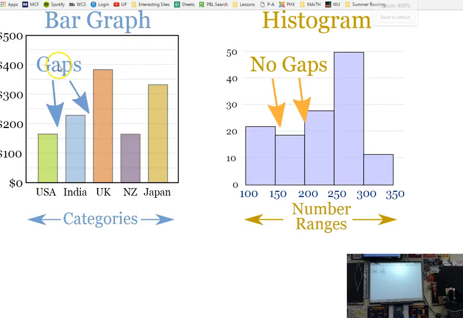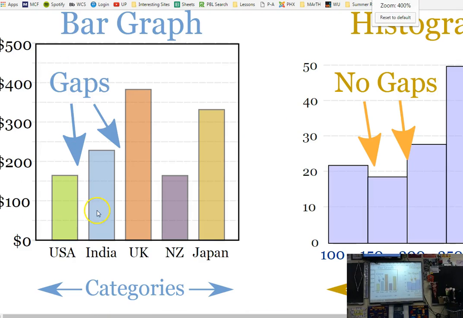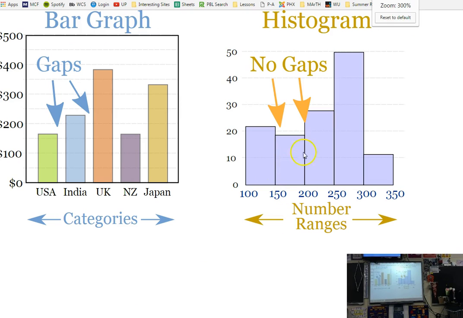The bars in a bar graph can have gaps because they're representing totally different things. But the bars in a histogram have no gaps because they are representing ranges of values that are right up against each other. So this is anybody falling between 100 and 150. This is anybody between 150 and 200. Anyone between 200 and 250. Here, not number ranges, representing US, India, UK, New Zealand.